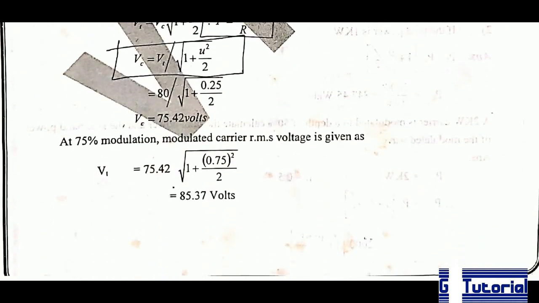So what is actually asked is Vt. We know the value of Vc, we calculated it just now. So Vt is equal to Vc into root of 1 plus mu square by 2. Here the value of mu is 0.75. So let us substitute Vc as 75.42 into root of 1 plus 0.75 square by 2, which is 85.37 volts. This is the modulated carrier RMS voltage.